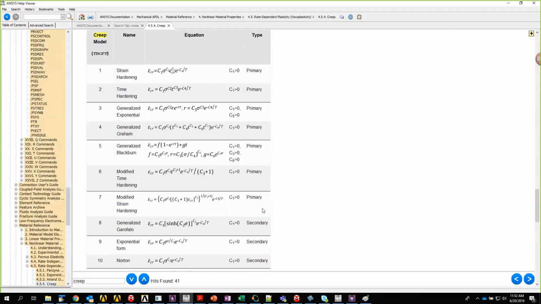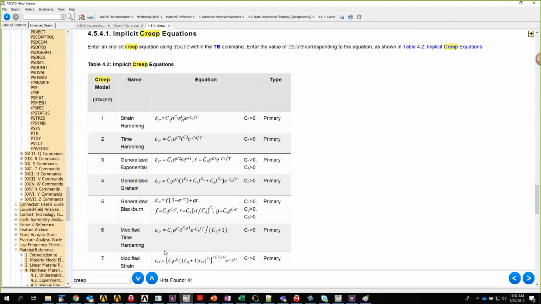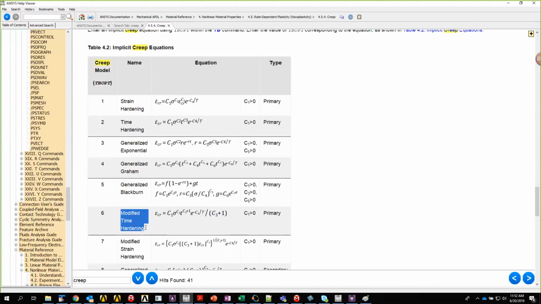And now we know that there are certain creep models which talk about creep strain rate as a function of time. Okay, so if you look at these, this dot really refers to a creep strain rate. There are some models which talk about the creep strain, like the particular modified time hardening model.